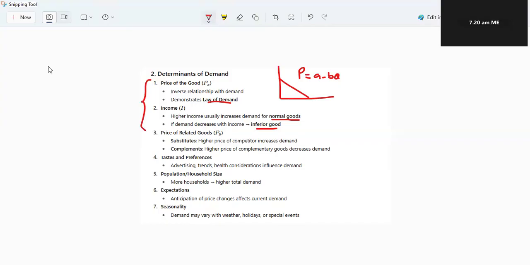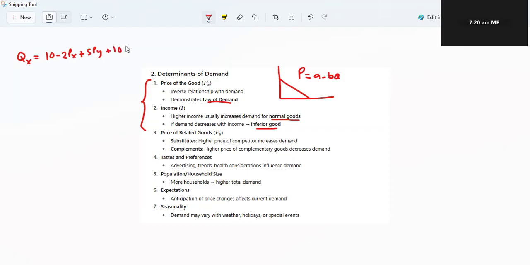So if you're given, for instance, the quantity demanded for a product like fruit, the demand function is given by what? 10 minus 2Px plus 5Py plus 10I.